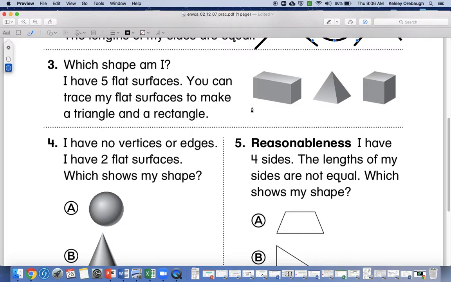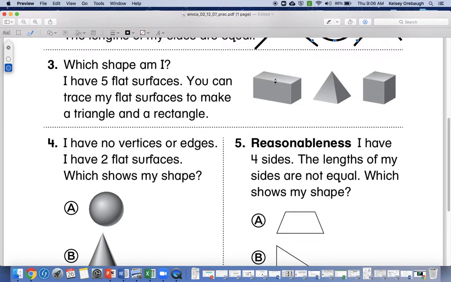I have 5 flat surfaces. The flat surfaces are the faces of the shape, okay? So although we can't see them, we can imagine what's on the other sides of these shapes, okay? So let's look here.